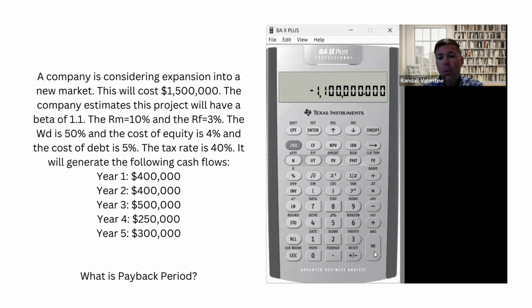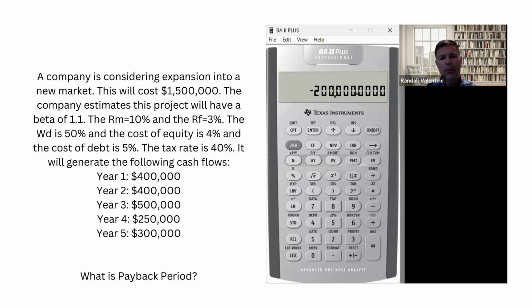So at the end of year 1, we still have not paid back 1.1 million. Year 2, we have cash flows of 400,000. So I'm going to add that 400,000. So at the end of year 2, we still owe 700,000. Year 3 is 500,000. So I'm going to add back 500,000 to that. And at the end of year 3, we still owe 200,000.